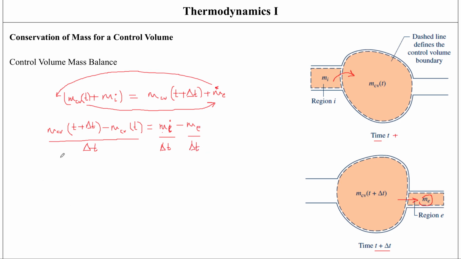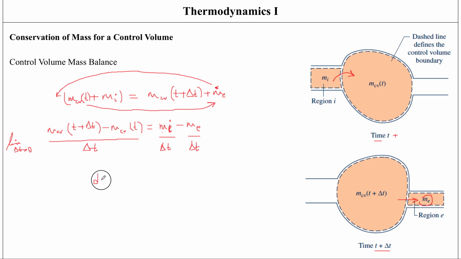And if I apply the limit where delta t approaches 0, right? So if I apply this limit onto this entire thing, then the left-hand side of the equation would become a derivative.